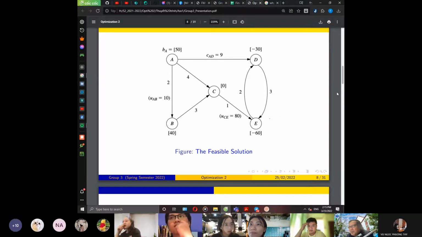So here we are talking about the U. There are UAB equal to 10 and UCE equal to 80. So that will be the things that we work on to get the optimal solution efficiently.